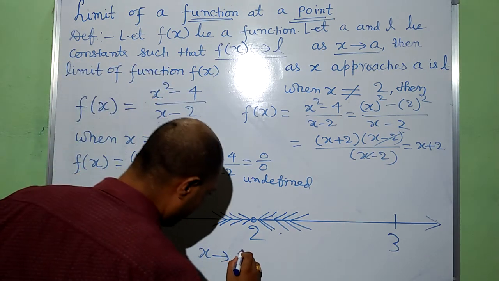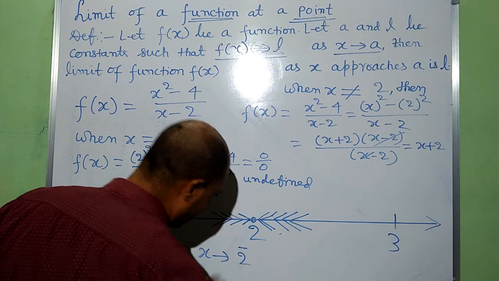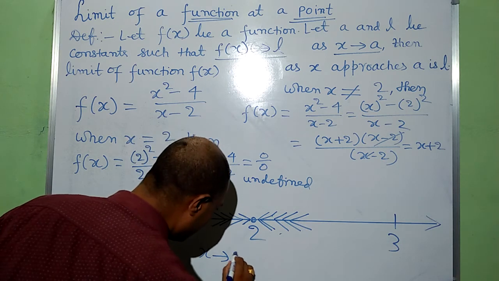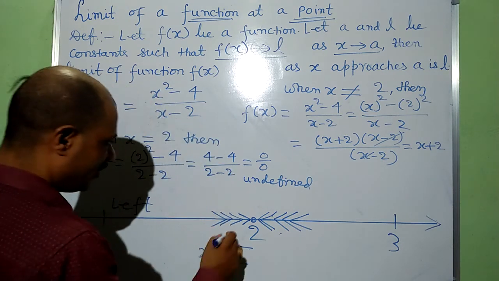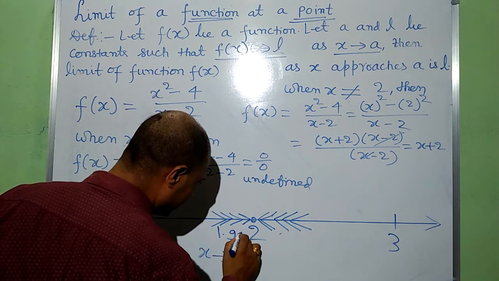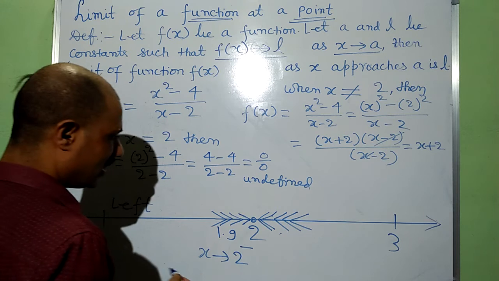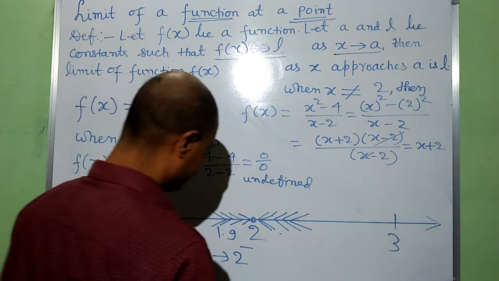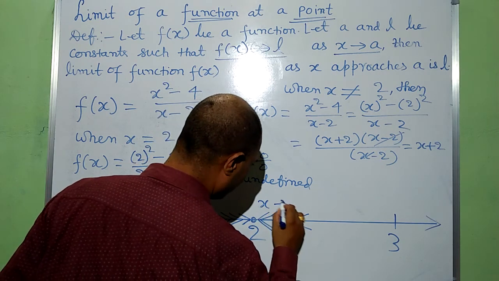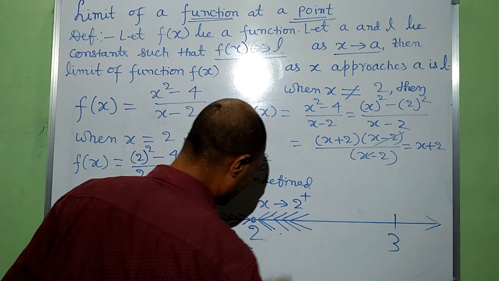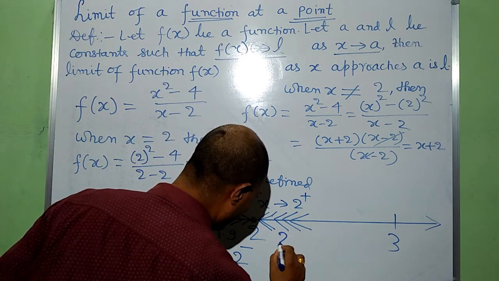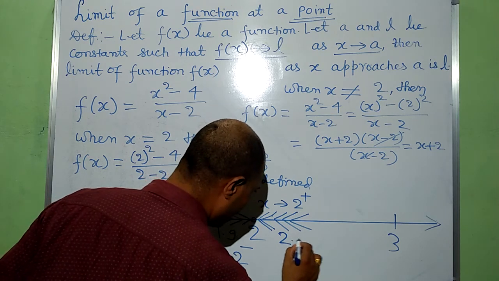To denote that it is approaching 2 from the left side, we put a minus symbol here. Then the value of x will be 1.9, 1.999 and so on. And x is approaching 2 plus, then the value of x will be 2.01 and so on.